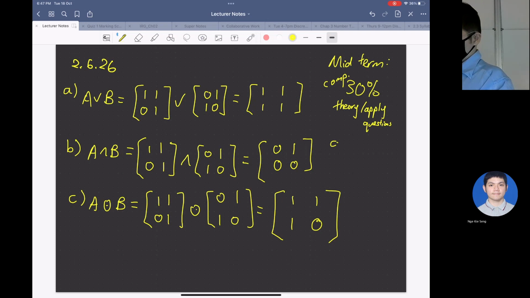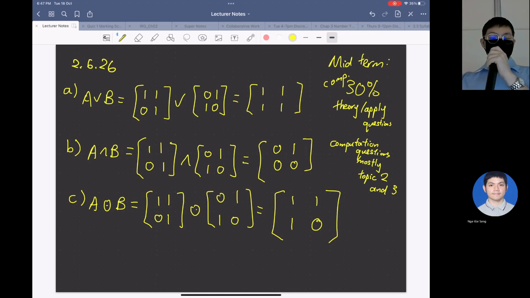Like finding the cardinality and then this matrix stuff, and next week we'll have a lot of computation, like modular arithmetic.